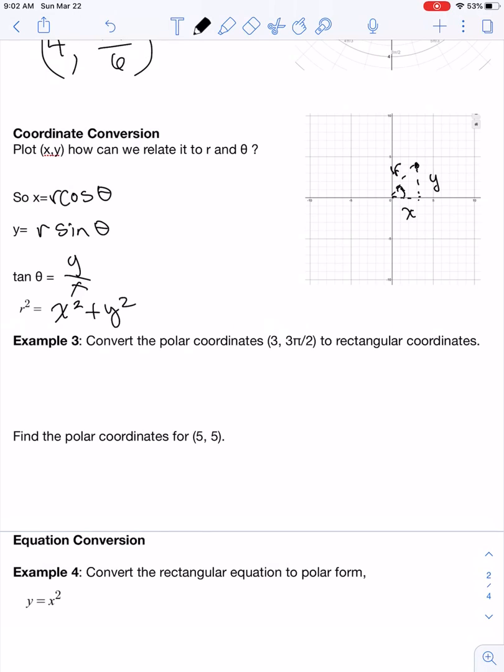All right, so convert polar coordinates 3, pi over 2 to rectangular coordinates. Pause here and try that.